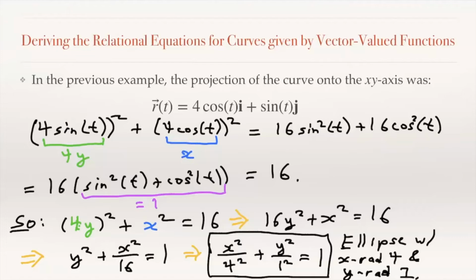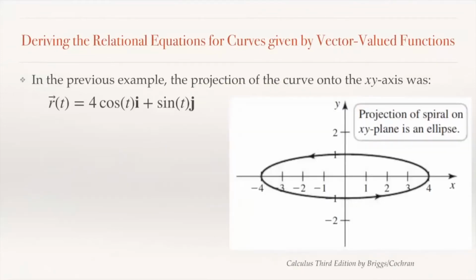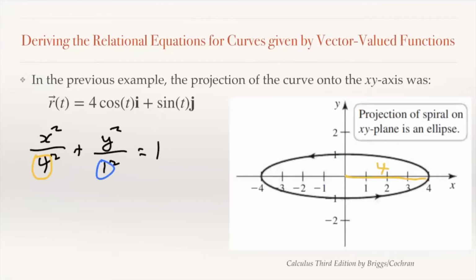So that is the method for converting vector functions to relational Cartesian equations. Eliminating t. We just found that this is x squared over 4 squared plus y squared over 1 squared is 1. That 4 is this, and that 1 is that.